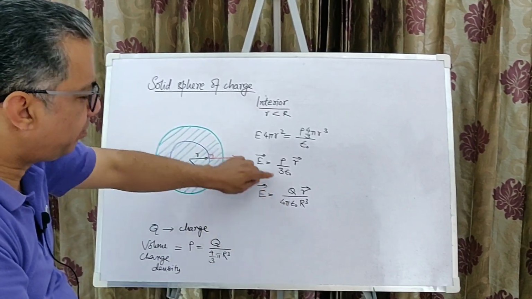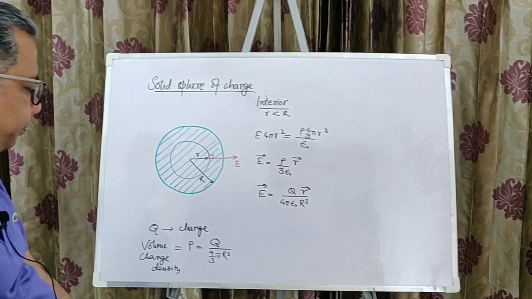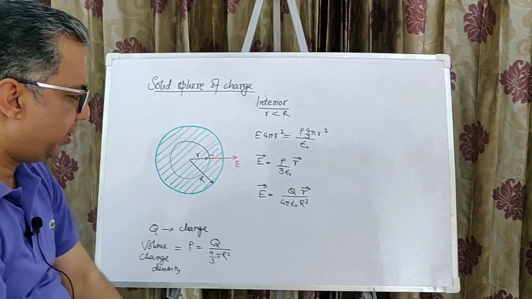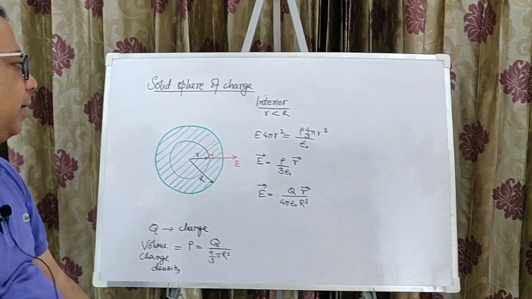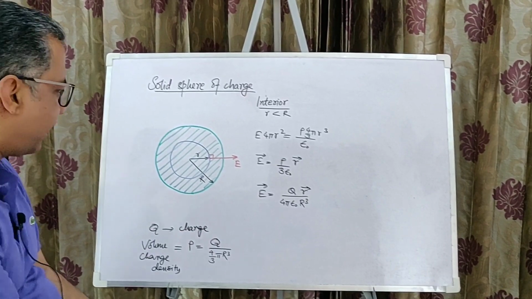What we've done here is simply replaced rho from here. So the 3 cancels out and you end up with this result. That's the electric field inside a uniform solid sphere.